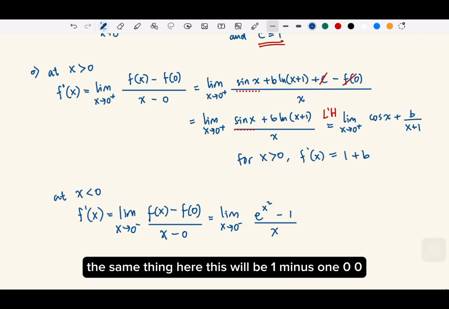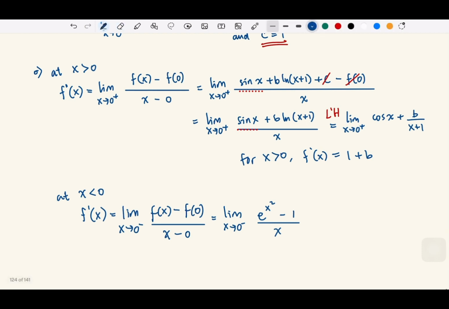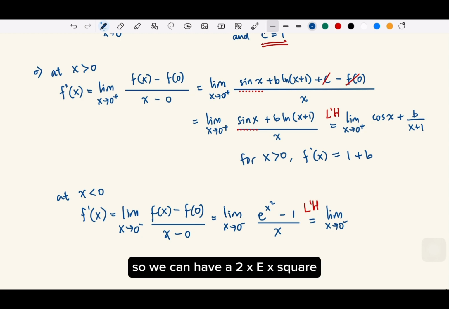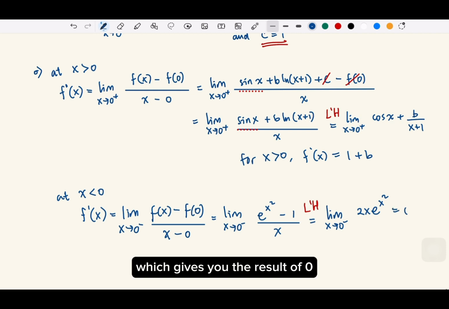The same thing here, this will be 1 minus 1, 0 over 0. We can also apply L'Hopital. So we can have 2x e to the x squared, which gives you the result of 0.